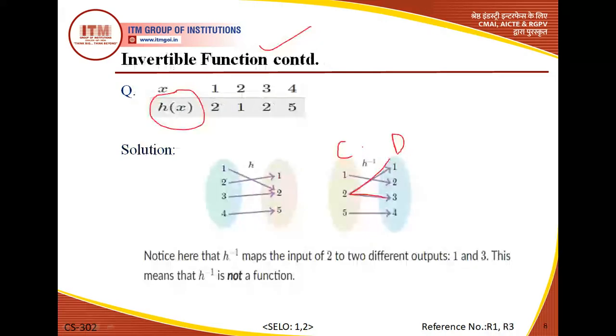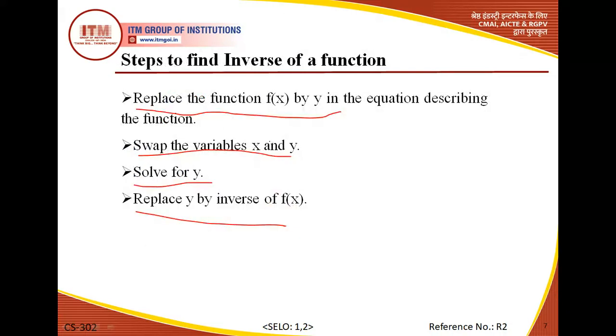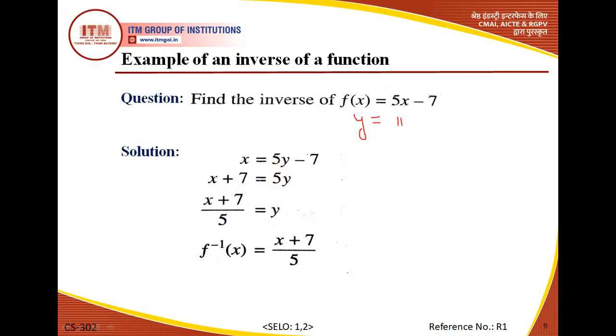Then what is the second step? The second step is to swap the variables x and y. So let's swap the variables. It will become x = 5y - 7. Now what do we have to do?